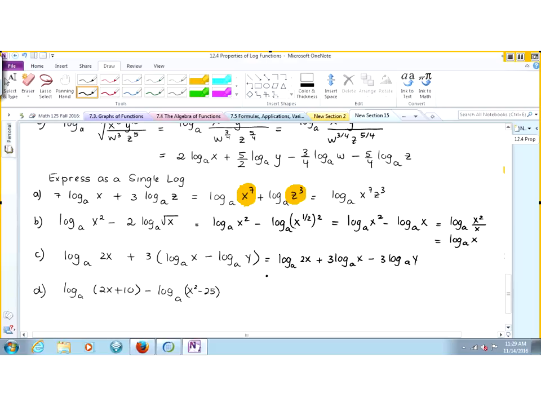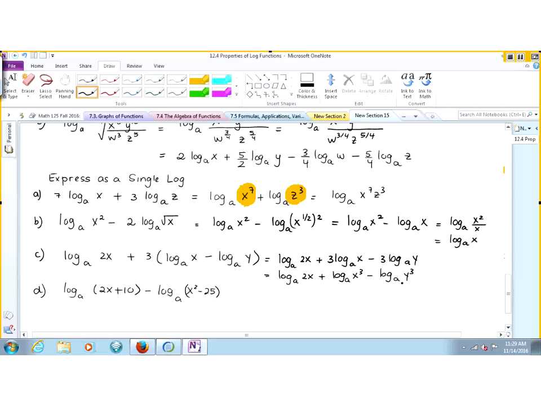Now I need to make sure I have all the exponents here. So log base A of 2x plus, yes, minus log base A of y cubed.